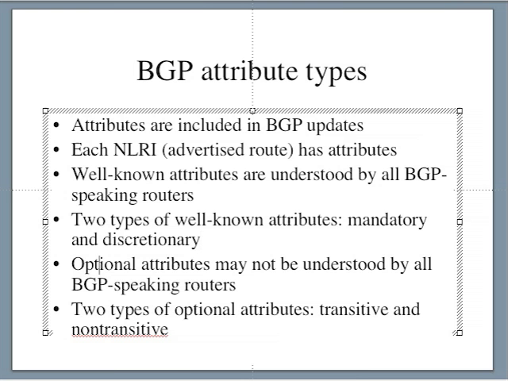Optional attributes may not be understood by all BGP speaking routers. There are two types of optional attributes, transitive and non-transitive. A transitive optional attribute, if you don't understand it, you have to pass it on in the updates when you send them out to your neighbors. A non-transitive optional attribute means if you don't understand it, you just drop it, you ignore it, you don't pass it on.